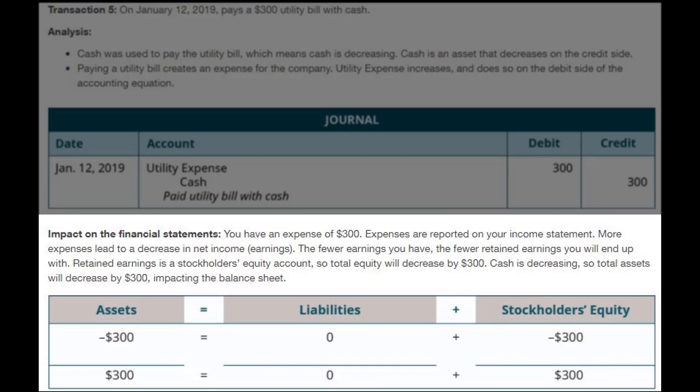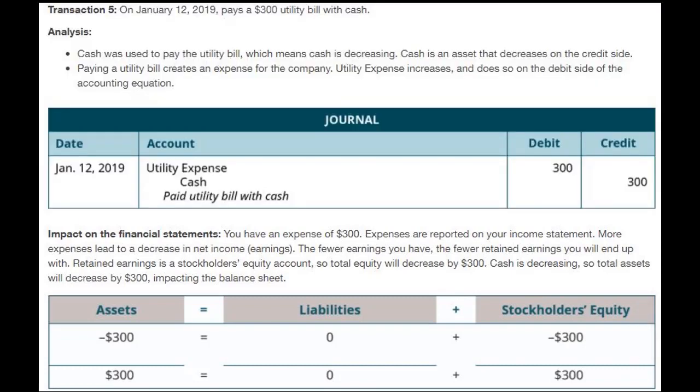And so what's happening here in transaction 5, and you see it in the second little table of the page in the textbook, assets are declining by $300 because we're spending cash. Value is declining by $300 because we are incurring an expense. In other words, value is declining.